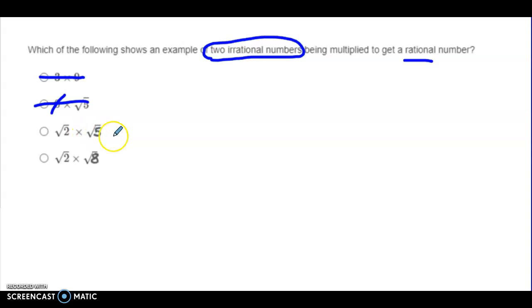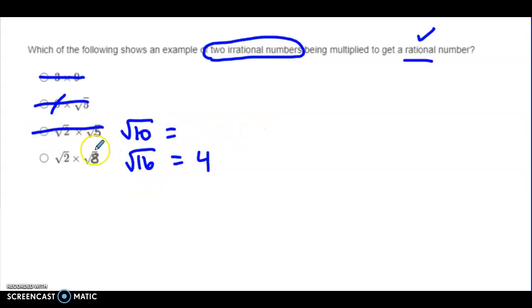So we're just going to multiply those together. So this one would give you the square root of 10, and this one would give you the square root of 16. Well, the square root of 16 equals 4, which is a nice rational number, which is what we wanted. The square root of 10 is some ugly decimal, like 3.1622, and so on. So that does not give me a rational number. So my answer is D.